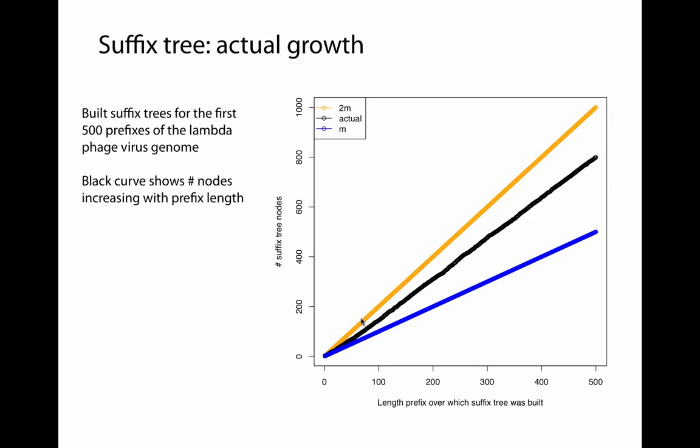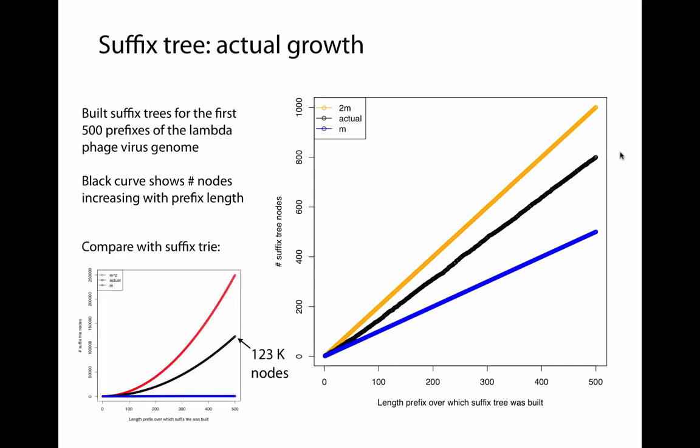So what's interesting is that the black line lies entirely between m, which is about the minimum number of nodes we can expect in a suffix tree, and 2m, which is about the maximum number of nodes that we can expect. And it seems to be growing linearly, as we would expect. And we can contrast this again with the suffix trie.